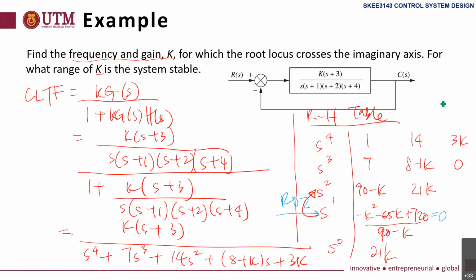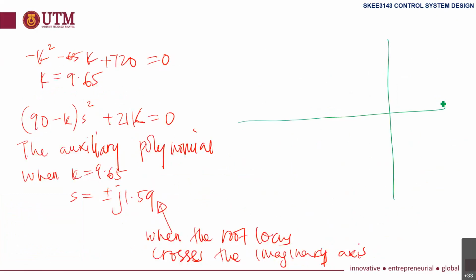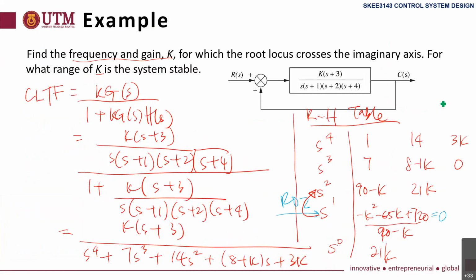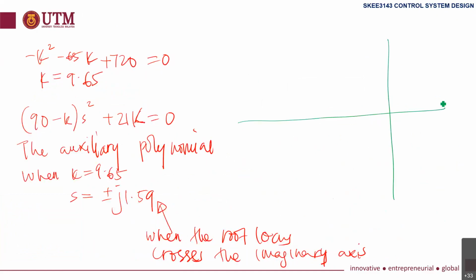We have poles at 0, minus 2, minus 4, minus 1, and a zero at minus 3.